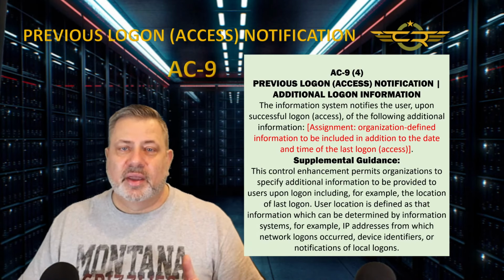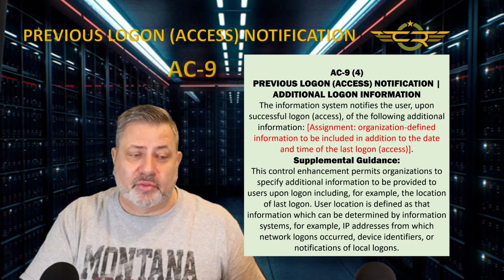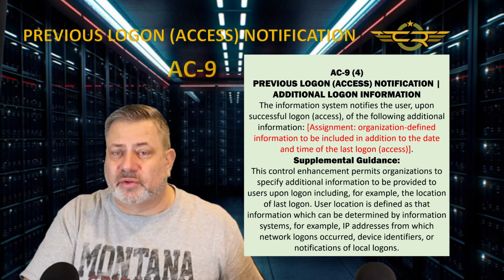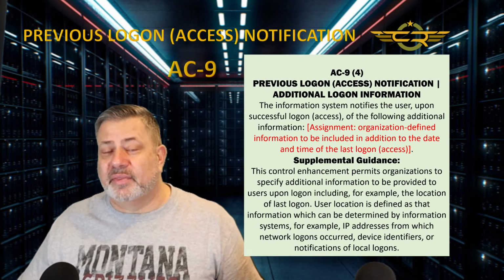So now we can say, hey, since you've last logged on, there have been 3 successful and 3 unsuccessful logon attempts. In the last week, there's been 15 unsuccessful logon attempts. Your account has changed, giving you access to these 3 different groups. And with this one, now we're going to say your last logon was from this IP on this device.